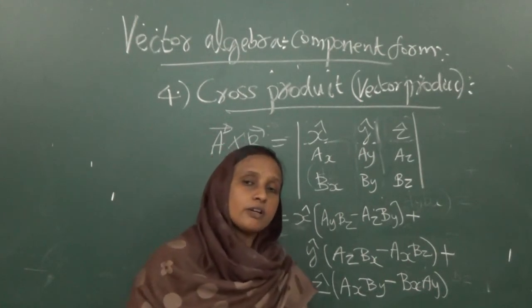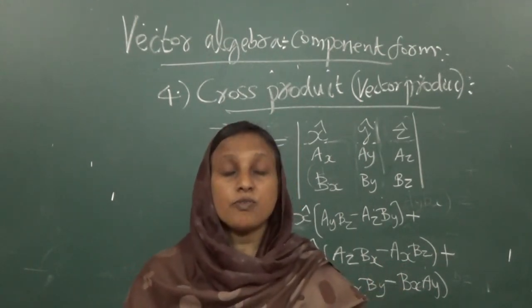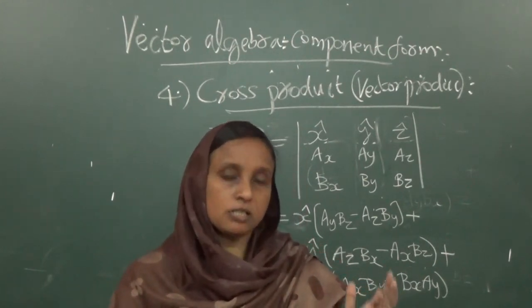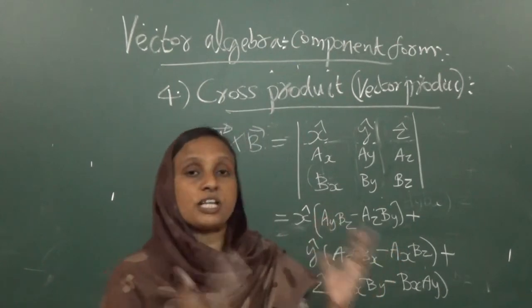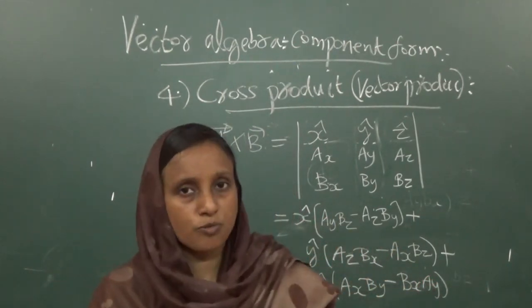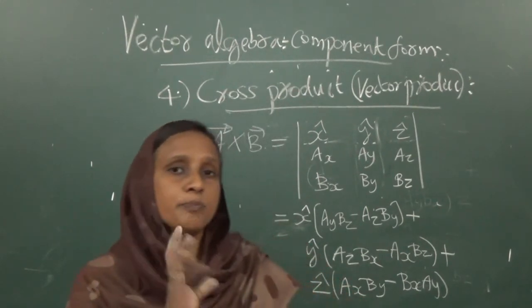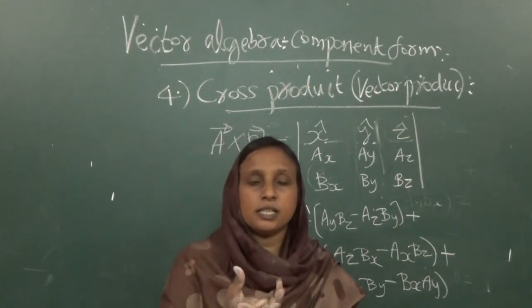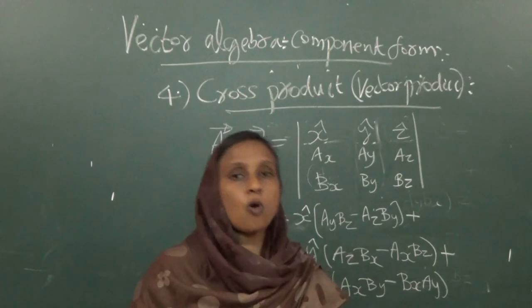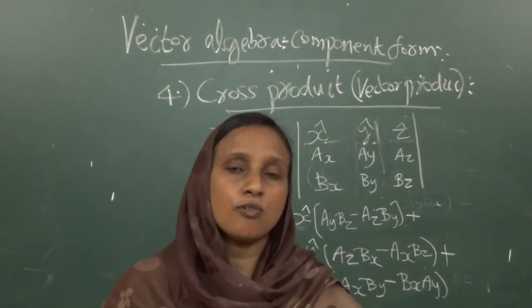Now, using our abstract definition and these component forms, we can find out different angles between two vectors, or two face diagonals of a cube, or between two body diagonals of a cube, or in the case of a polyhedron, we can find the angle between different vectors using all these types of operations, in its abstract definition and in its component form.